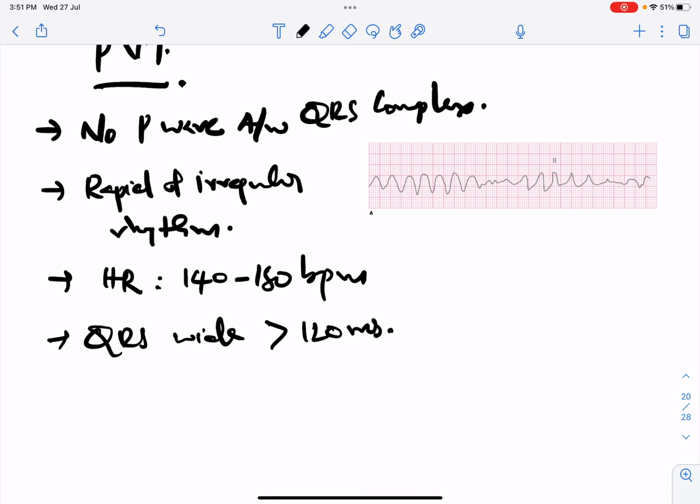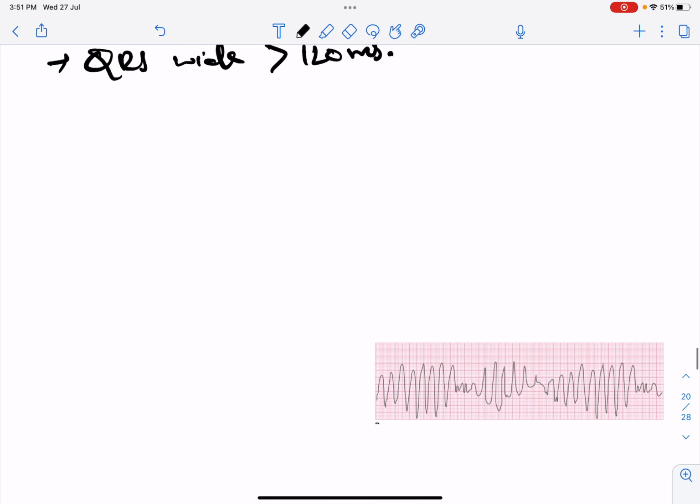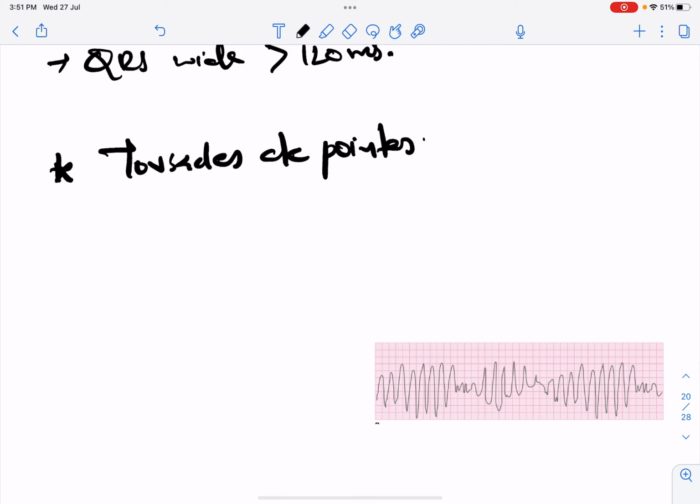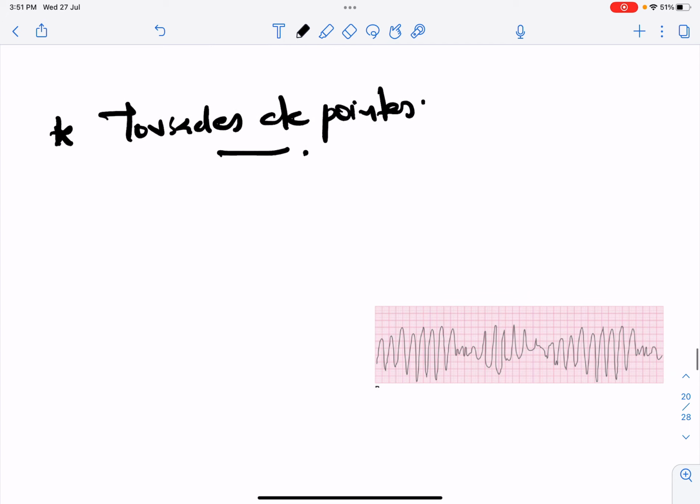There is one variety of polymorphic VT that is called Torsades de Pointes. You can see in this ECG, it's a polymorphic VT that changes in amplitude and cycle length, giving the appearance of oscillation around the baseline.